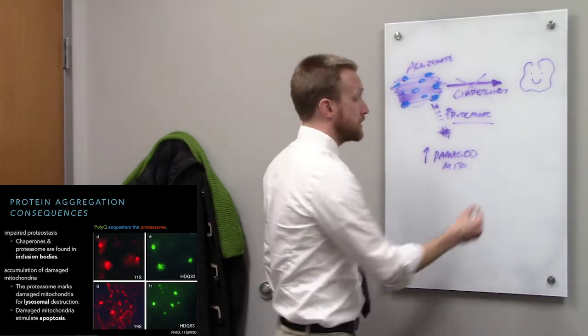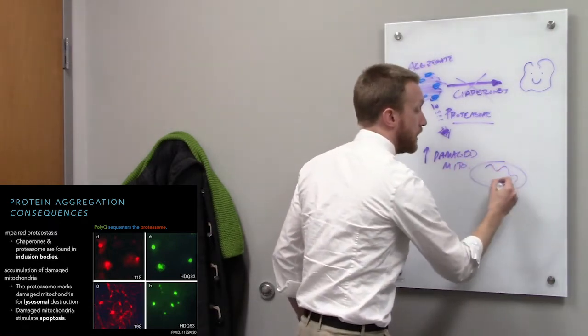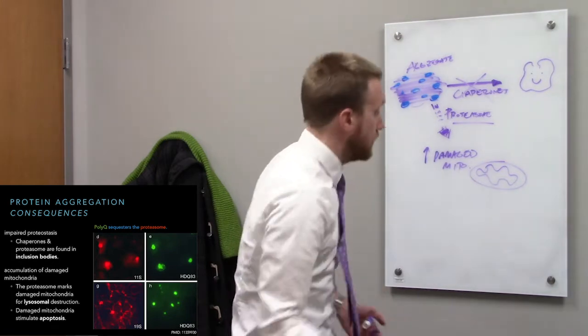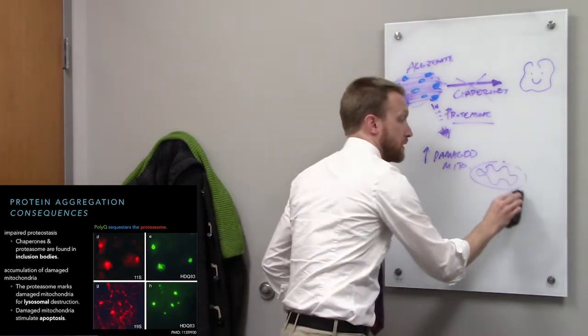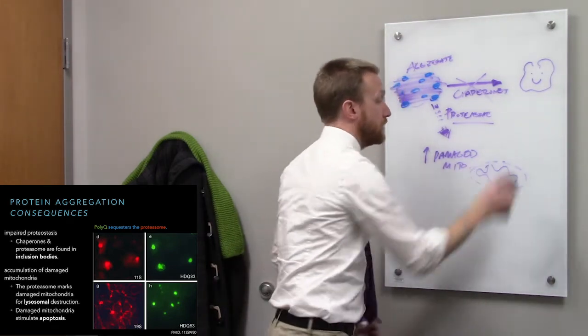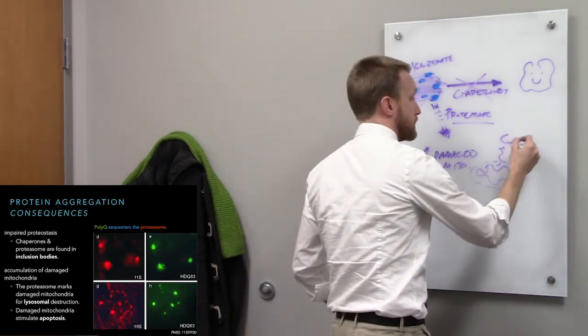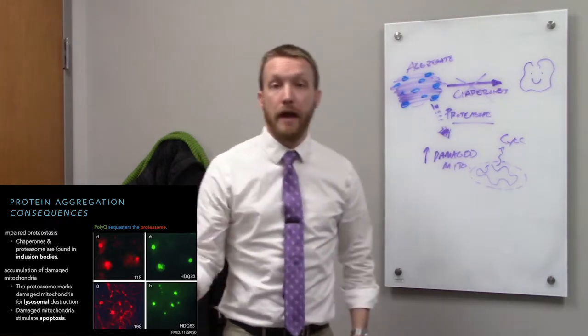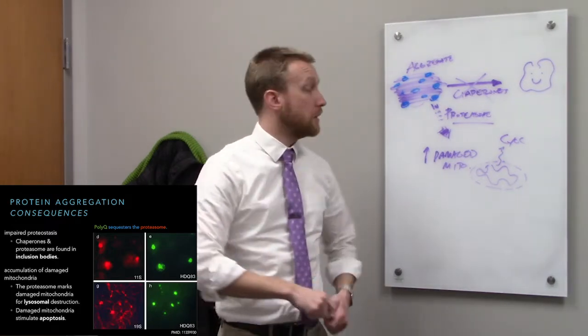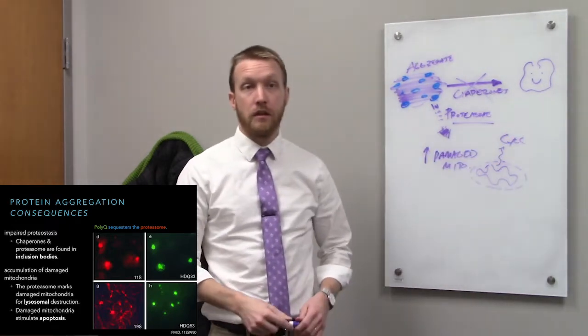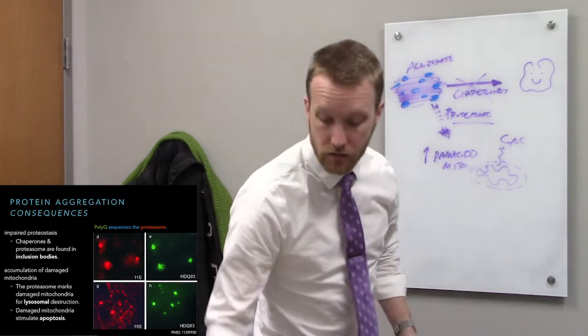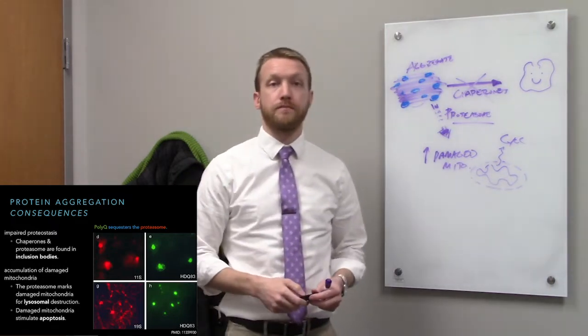Now, as we just discussed, if mitochondria are damaged, stuff's going to leak out. And the stuff that we care about here would be pro-apoptotic factors like cytochrome c. And we're back to where we started. That's going to trigger apoptosis, and the cell is no longer with us.